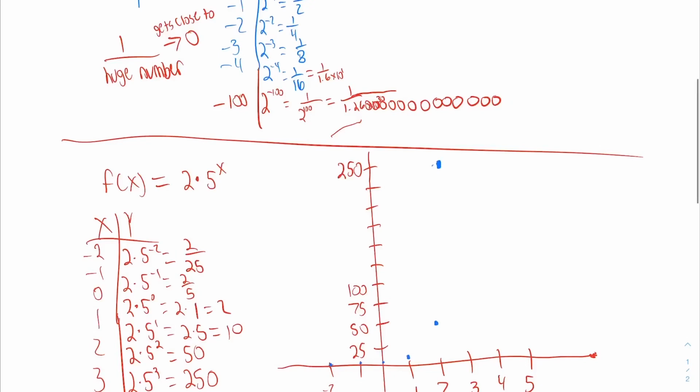Connect these dots. Oh, that was terrible. That's what it'll look like when you're going to the right.